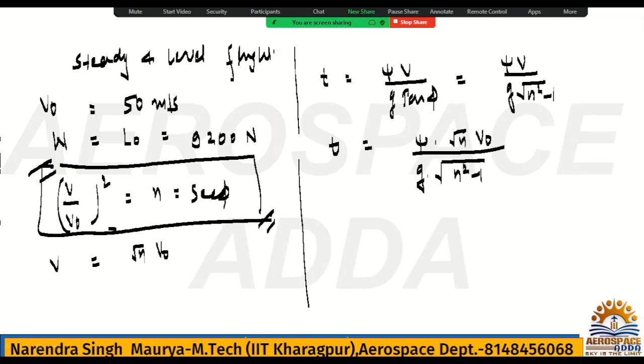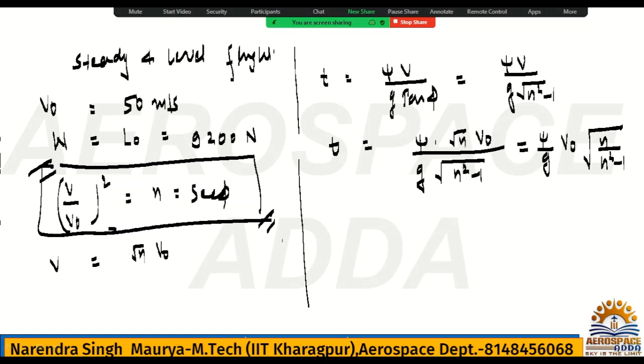Now this is the complete formula for us. All right. What can you write here? Psi upon g into v naught, n upon n square minus 1. You can write this.